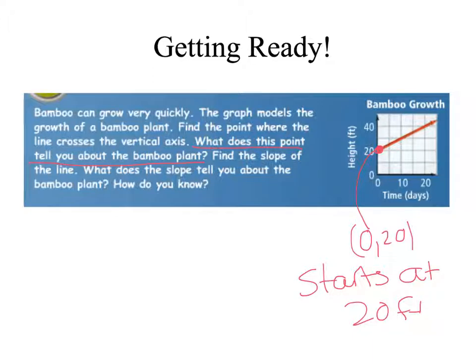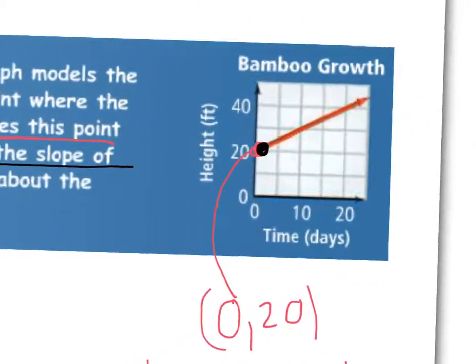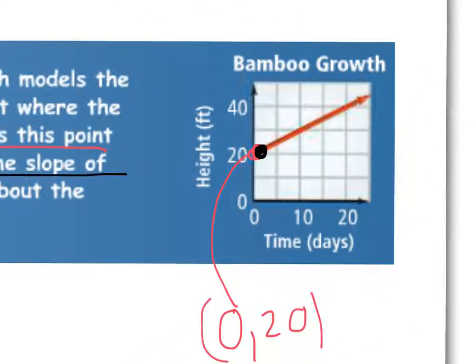Okay, then it says find the slope of the line. So if we were to find the slope of this, we would do rise over run. Now you have to be careful. You have to look at your scale. So if we make this bigger, it looks like every block is 10.